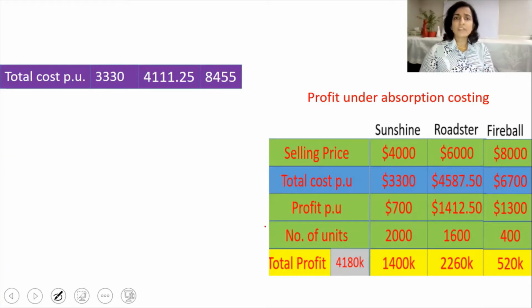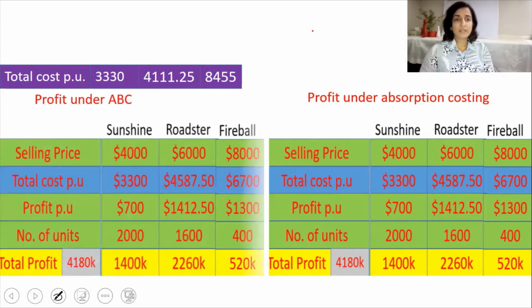Now, what is the modification that we have to do? Instead of the cost per unit that we had calculated under absorption costing, we have to substitute the figures that we have calculated for activity-based costing. That is the only difference. So let's make a copy of the profit sheet. So profit under ABC.